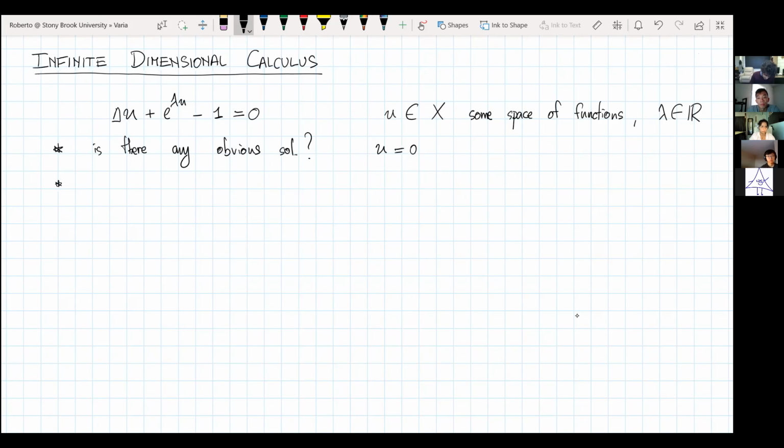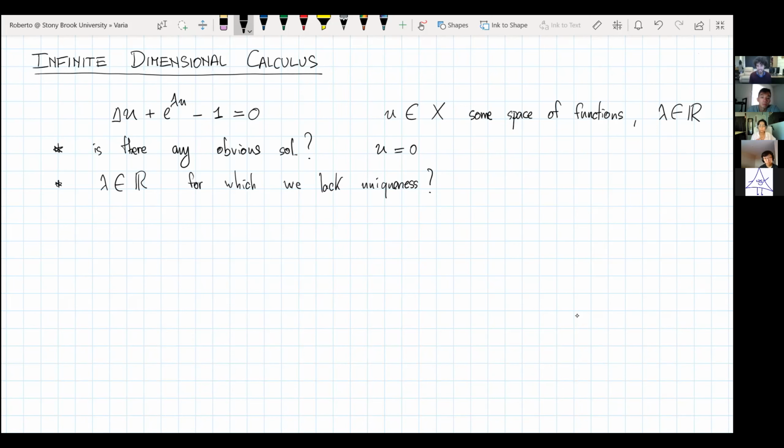And the second question might be: we know that there is this solution, but are there values of lambda for which this is not the only solution? So we lack uniqueness. This is a priori a hard question because this equation is nonlinear.